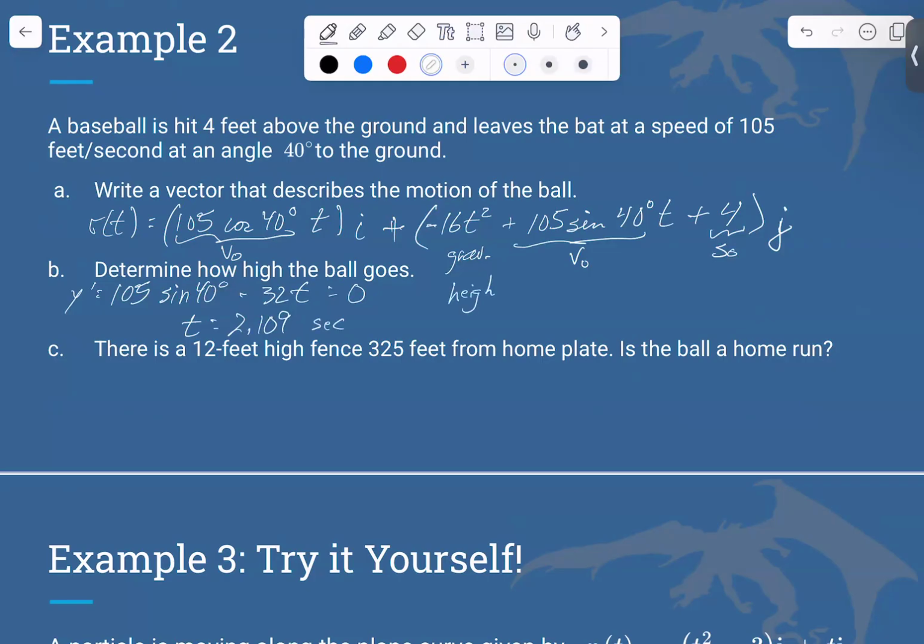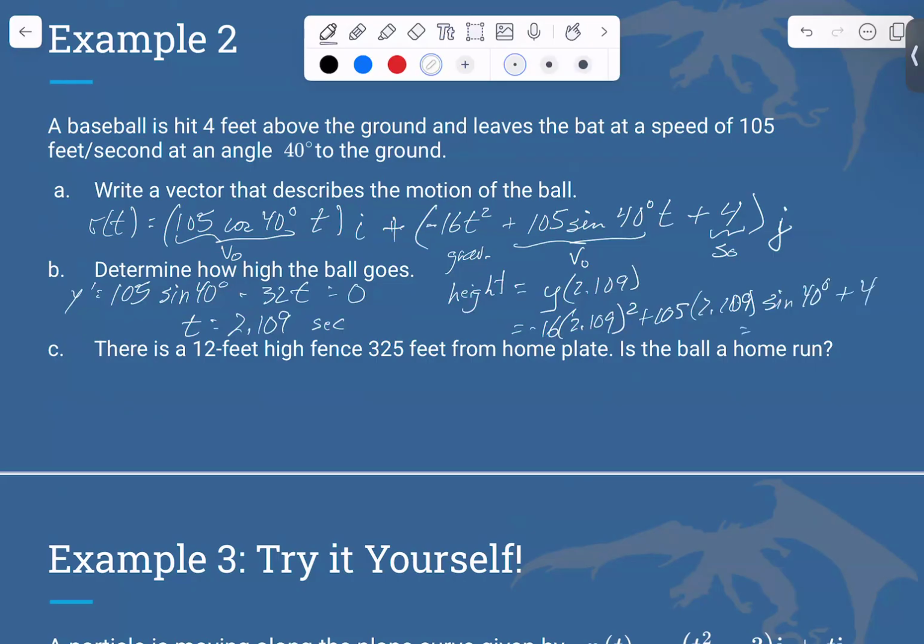So the height is equal to y of 2.109. And if you plug that in, you get negative 16 times 2.109 squared plus 105 times 2.109 times the sine of 40 degrees plus 4.